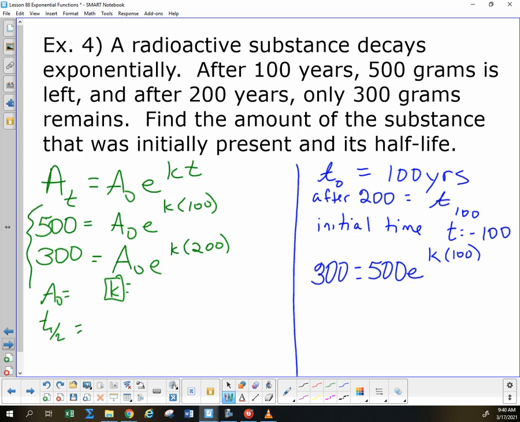Then I can say 3/5 is e to the 100k. So take the natural log of both sides, divide by 100, and that needs to be my k. Everybody doing that?